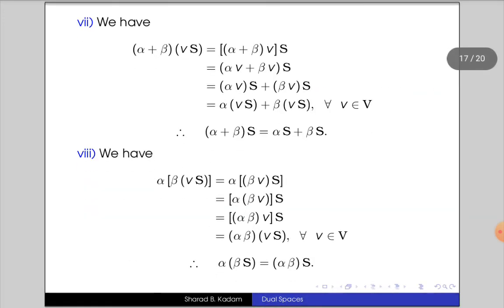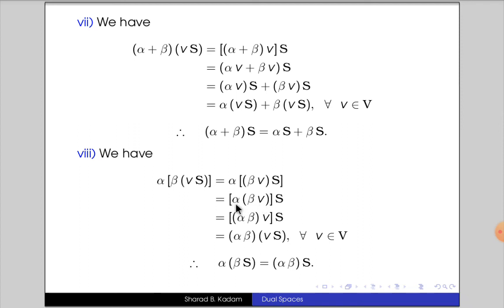Next, we have eighth property, (alpha into (beta into S))(v) equals alpha into (S(beta v)), and this equals S(alpha (beta v)). Now here consider alpha and beta are scalars and v is a vector.